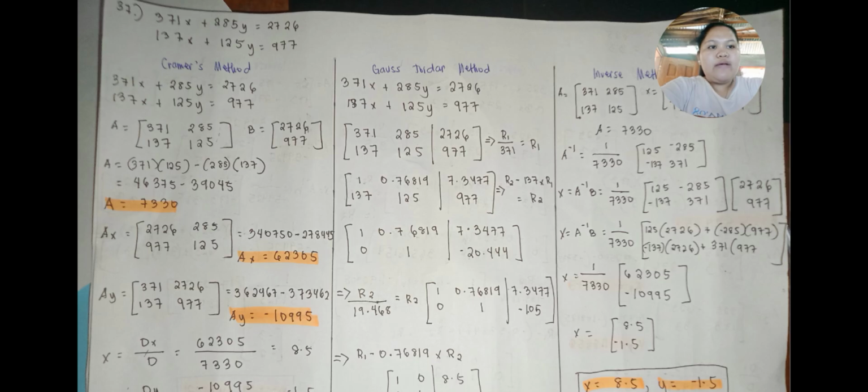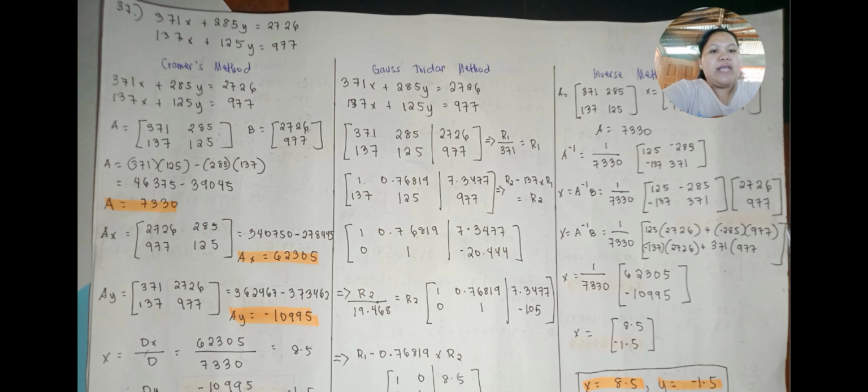We have to extract A and B for the coefficient matrix and constant matrix. So we have here 371, 137, 285, and 125 for the A, and 2,726 and 977 for the B.